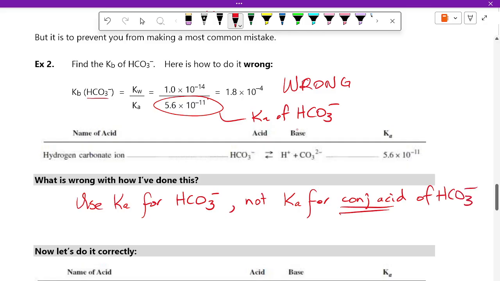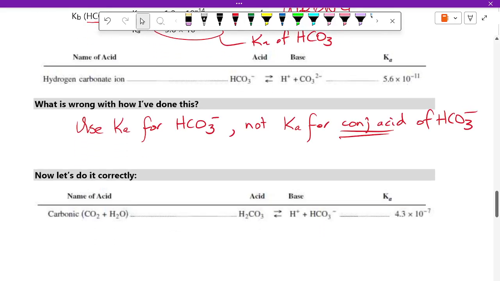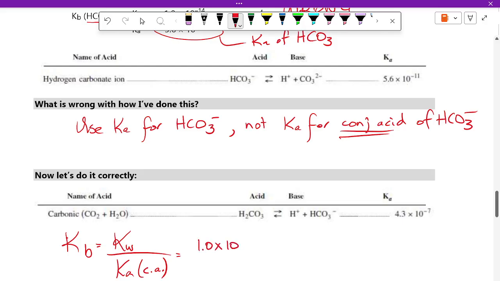So, let's do it correctly now. We have Kb is equal to Kw over Ka of the conjugate acid. For me, you can even just write conjugate acid like that. That's 1.0 times 10 to the negative 14.